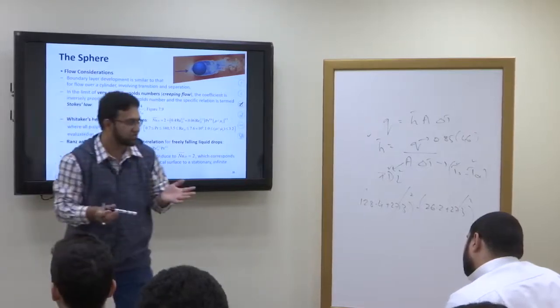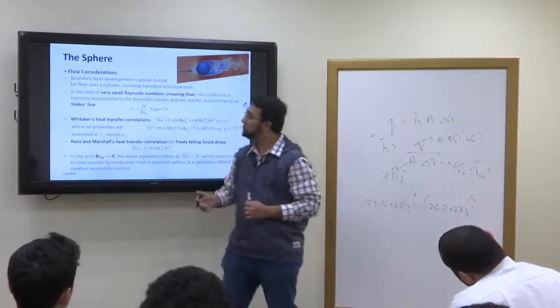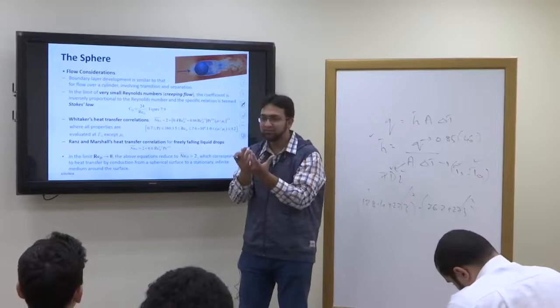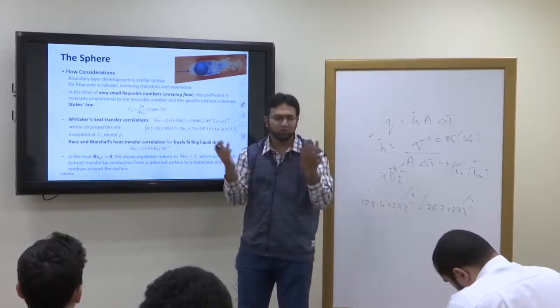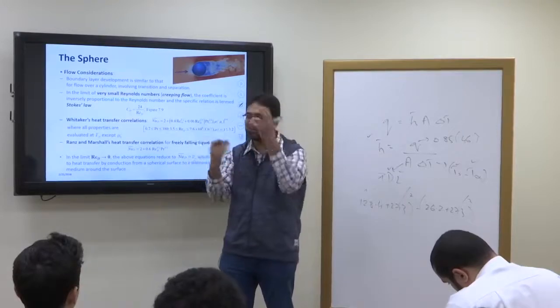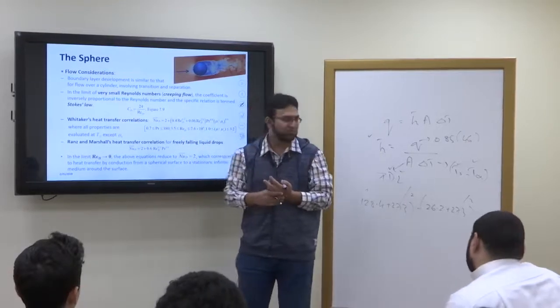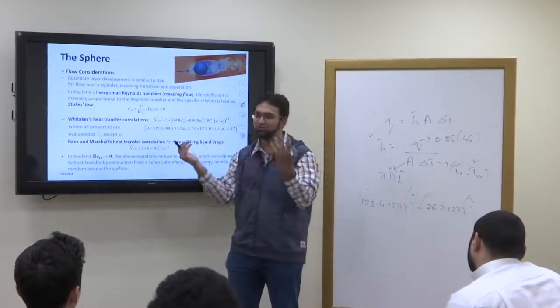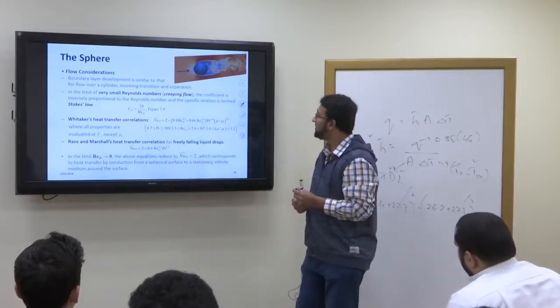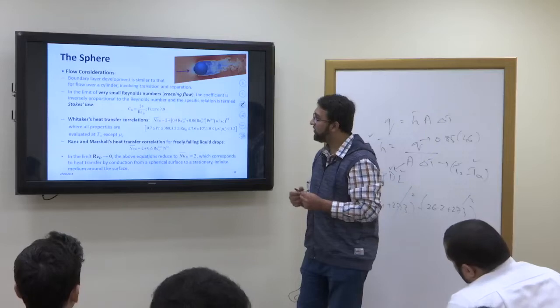Now we are going to study flow around a sphere. Will there be a parallel flow, cross flow? A sphere is a sphere. Whether it's from any direction, it is just a sphere. There is no cross flow, there is no parallel flow here for a sphere.